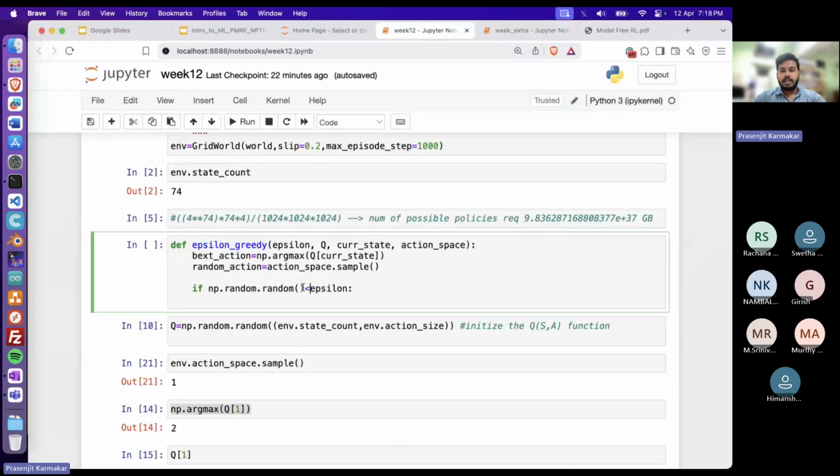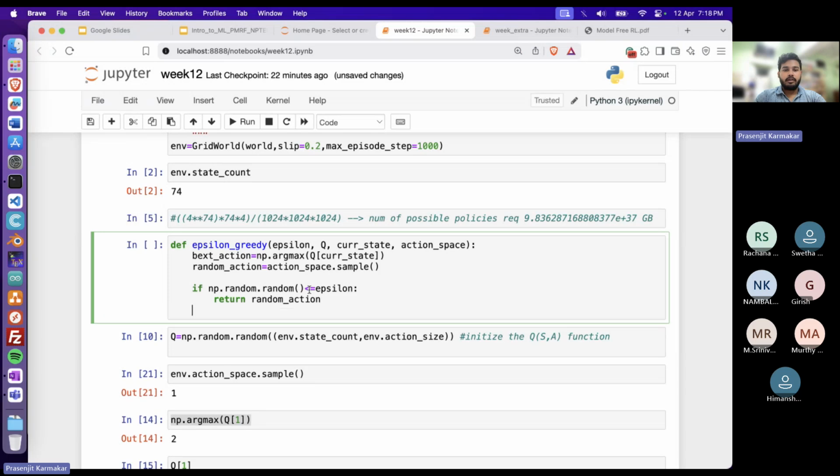So if it is less than or equal to epsilon, then I will take a random action. From 0 to epsilon I take random, from epsilon to 1 I take the best action. So return random action, else that means what? Here I take from 0 to epsilon.